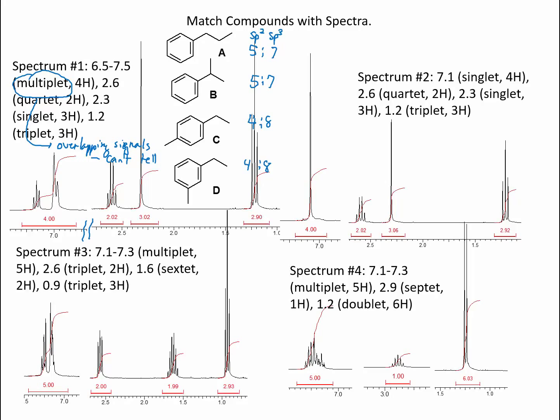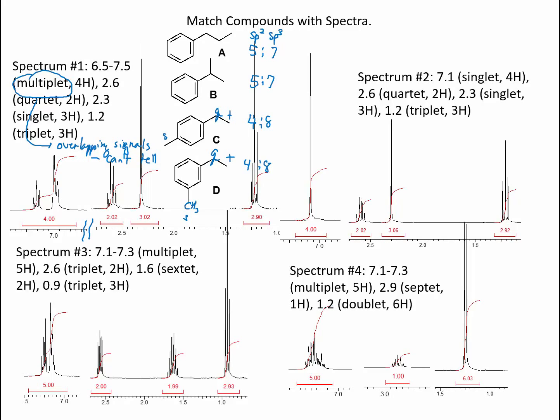Okay, so both C and D kind of look alike as far as this goes. We expect the CH3 to be singlet, quartet, triplet, so we can't really tell here.